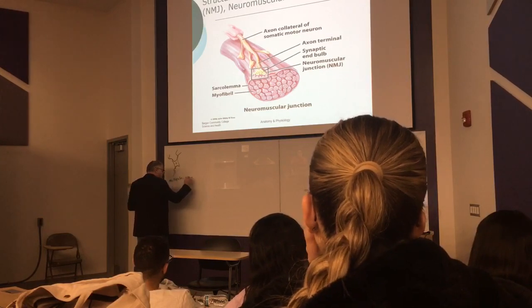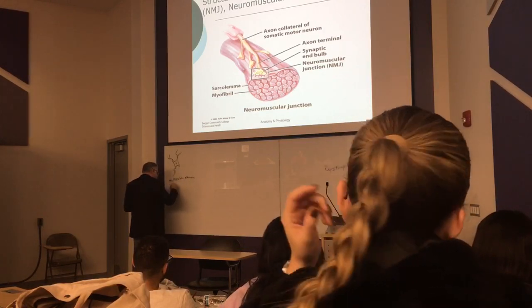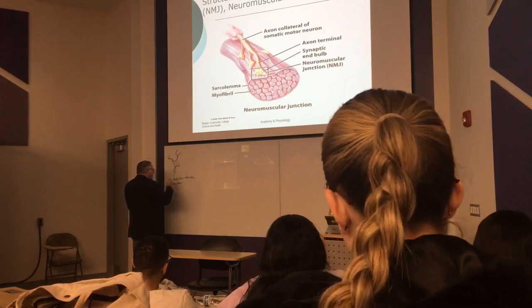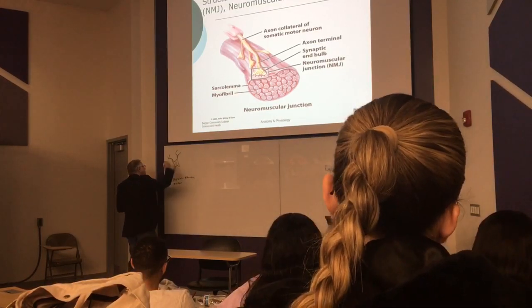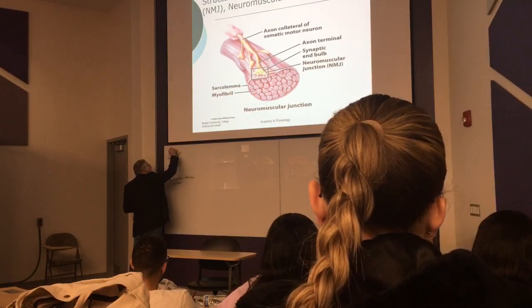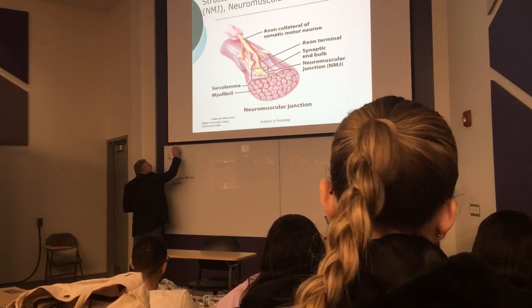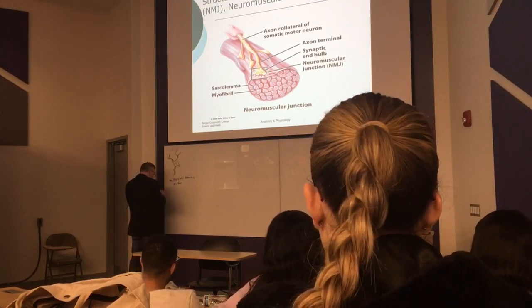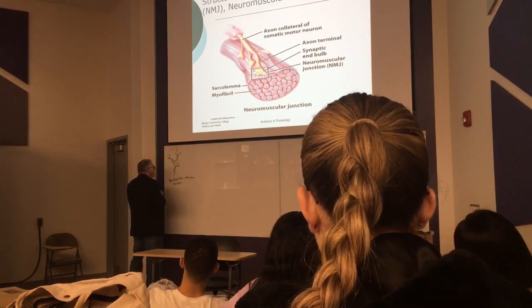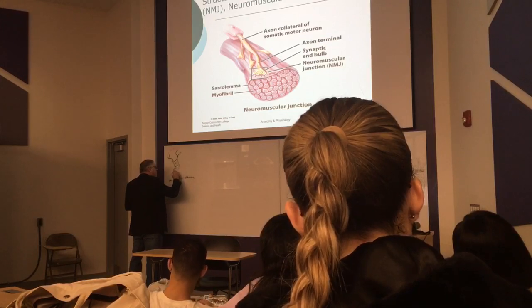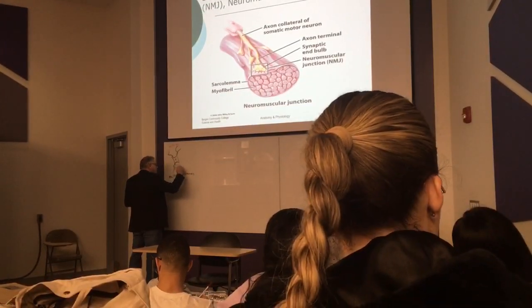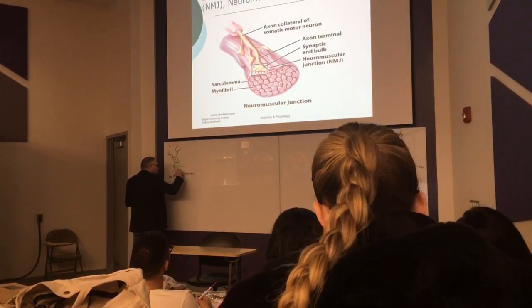A neuron is a nerve cell. This is going to be for motor function. Now, right here, these guys here are dendrites. This whole thing here is the cell body, and we call that a soma.